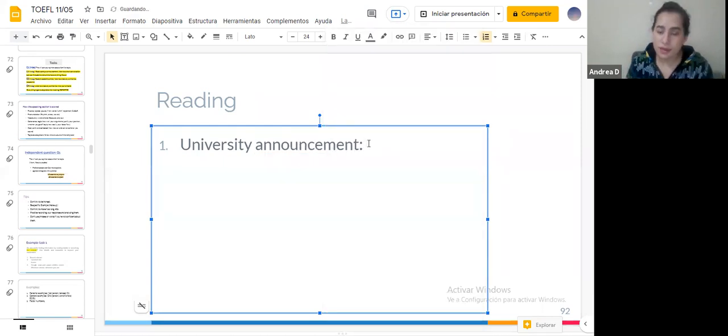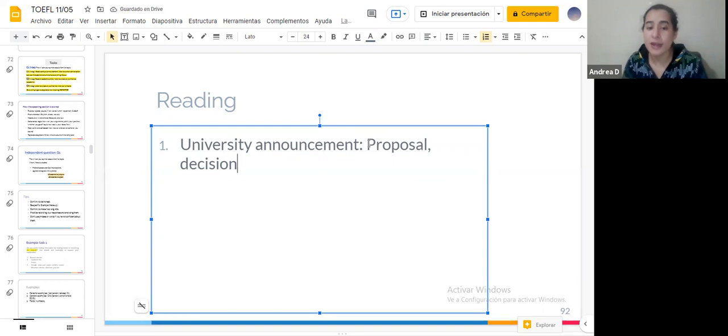Within that category, you could have a proposal, something like, we're proposing to make this change. It could be a decision that has already been made, something like, we have decided to do this change. Or it could be a change that has already happened.